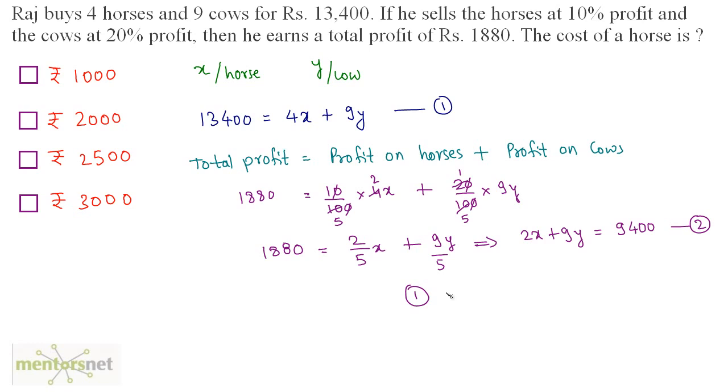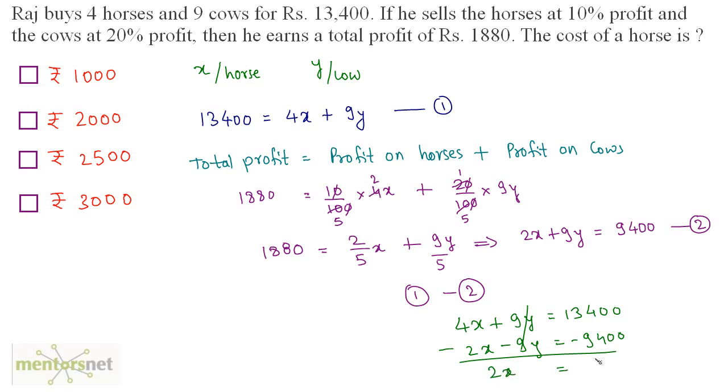So equation 1 minus equation 2, we can get rid of y and get the answer for x. So 9y and 9y get cancelled out. 4x minus 2x is 2x, which is equal to 4,000. So x is equal to 4,000 by 2, and that is 2,000. The cost of each horse is 2,000 rupees.